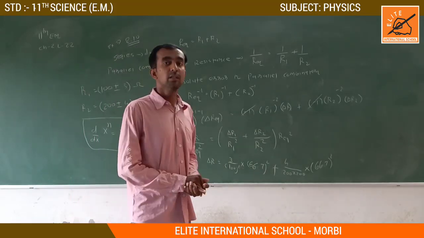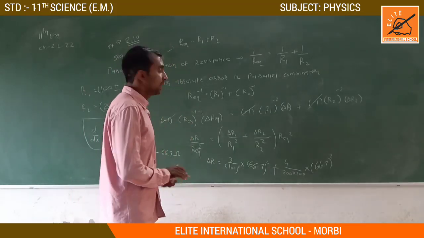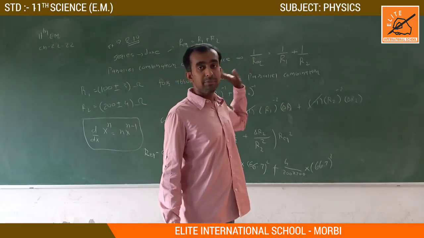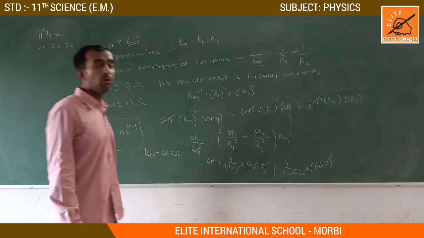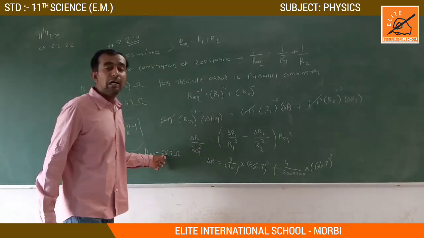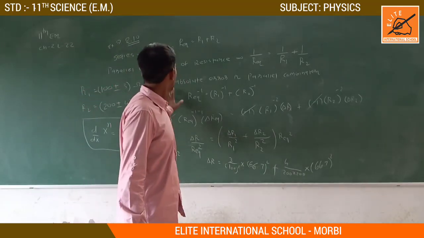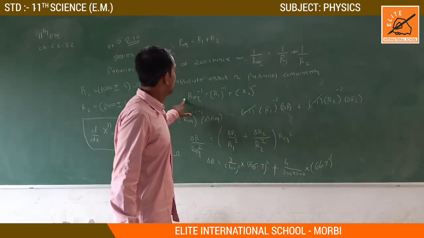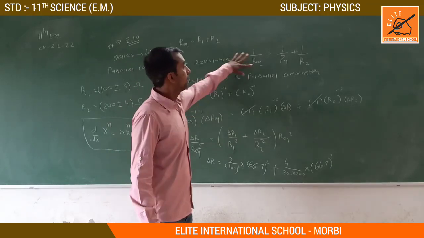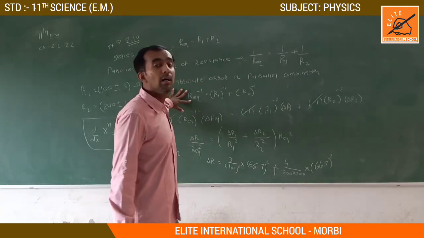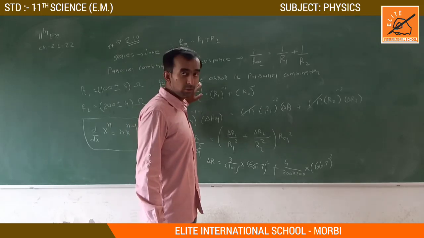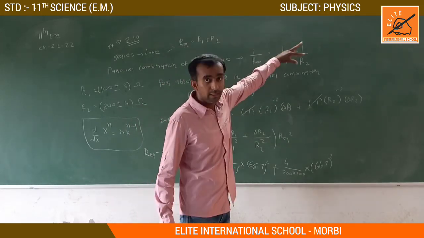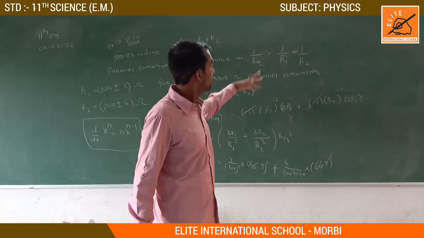Should I repeat it? Yes, let me repeat. With the help of this, we find the parallel combination of resistors. The answer is this. Now the absolute error in the parallel combination is given by: 1 upon R equivalent equals R equivalent raised to minus 1 equals R1 raised to minus 1 plus R2 raised to minus 1.